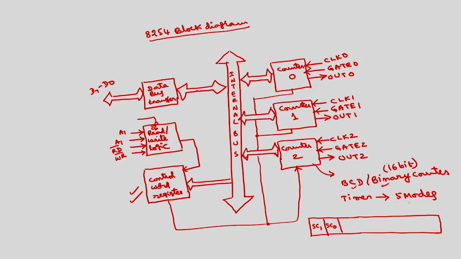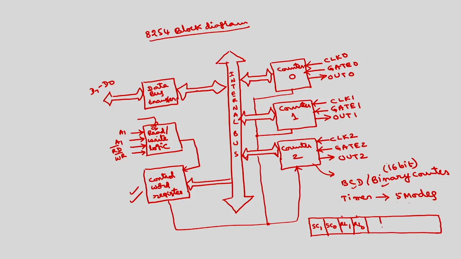Similarly, we have RL1, RL0, read or load either byte or word. Byte means lower order 8 bits or higher order 8 bits. Depending upon the status of these 2 pins, we can select either the lower order byte or the higher order byte or both the bytes. I will explain the function of that.